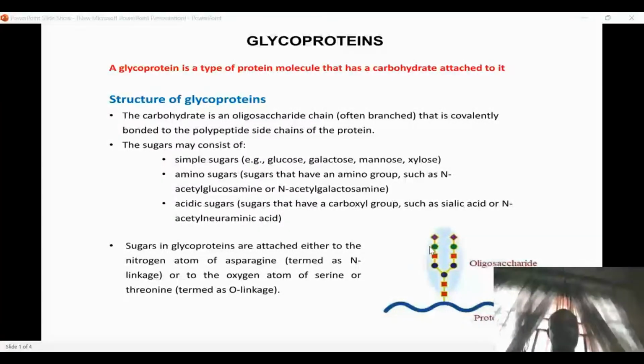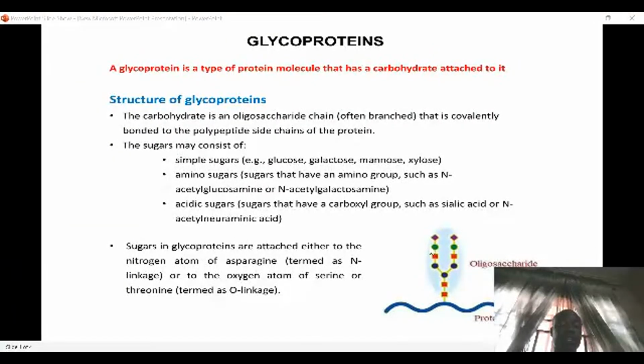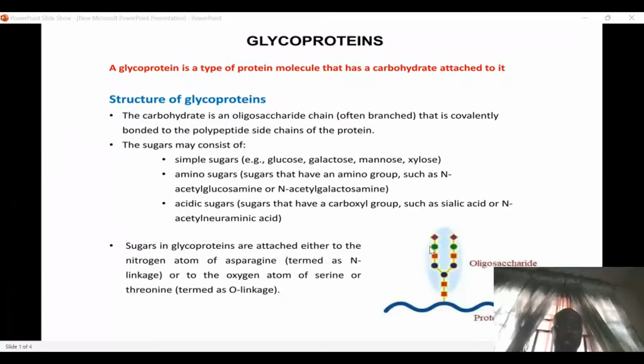This class, we are going to look at the concept of glycoproteins. In our last video, we looked at the cell membrane. Remember, we discussed that there are biomolecules usually found on the cell membrane, which include carbohydrates, proteins, lipids, and also glyco-conjugates.